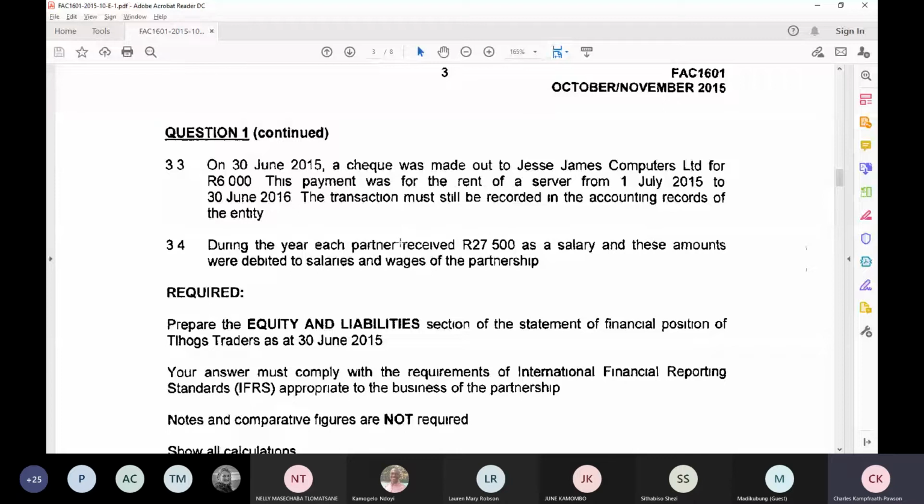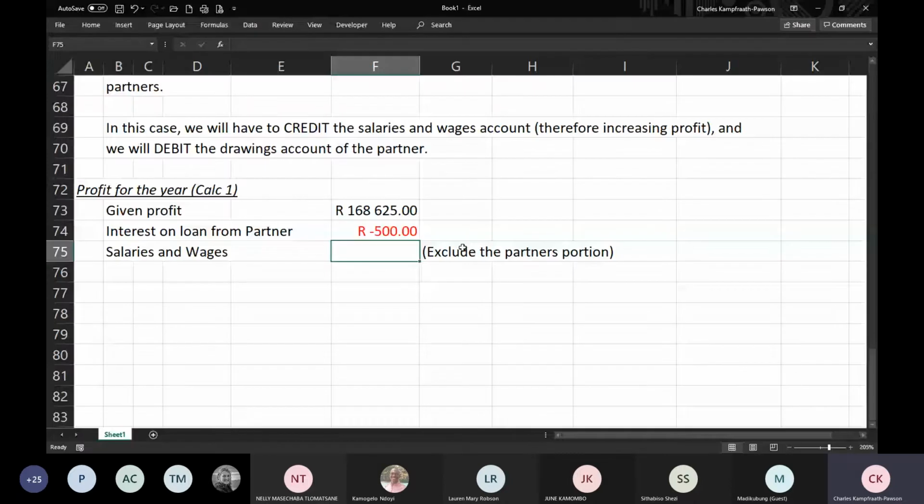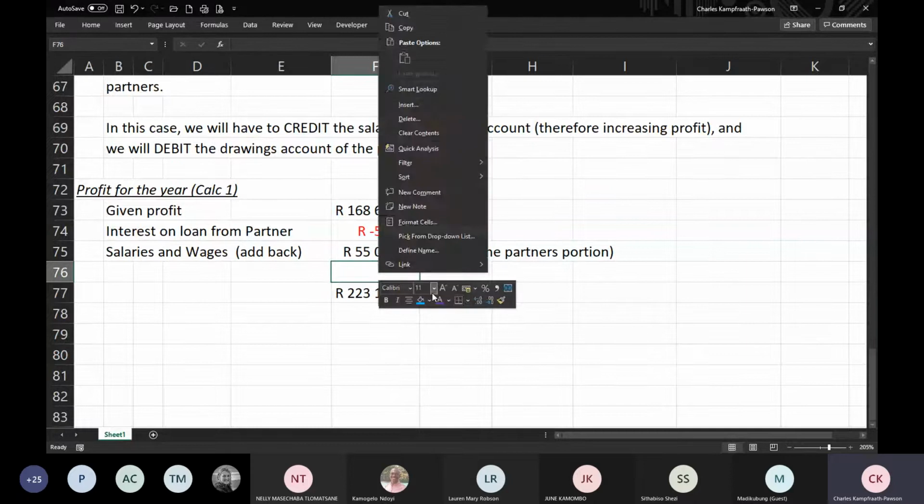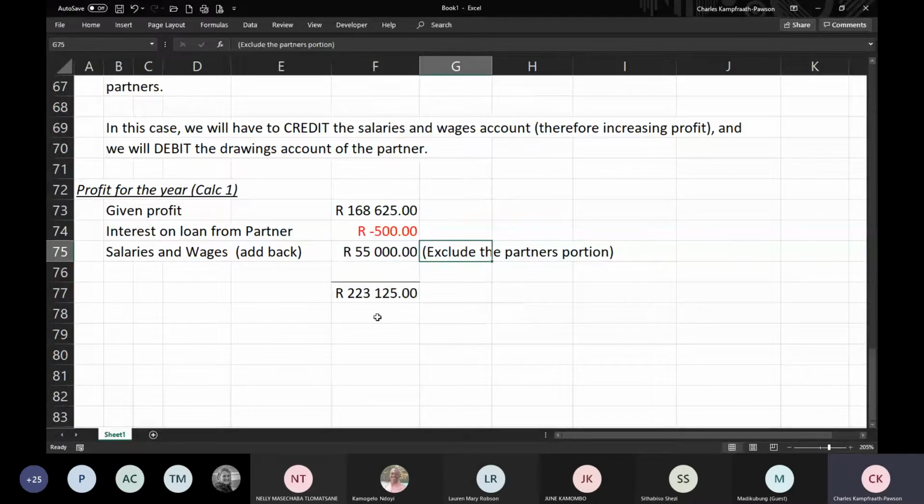Each partner, there are two, so it's 27,500 that must be added back. Everybody happy? Okay, so that will be the profit for the year.